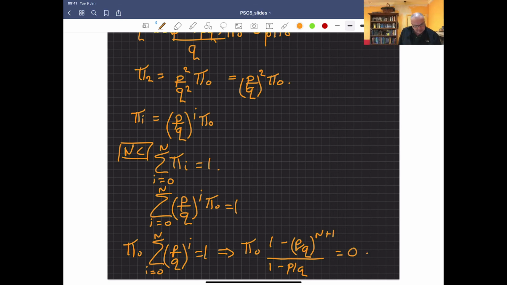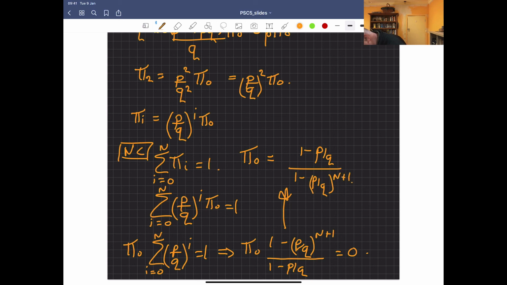That equals 1. If I've written that right, let me just check my notes. Yes. So what does that mean? That means that pi 0 equals 1 minus p over q over 1 minus p over q to the n plus 1.